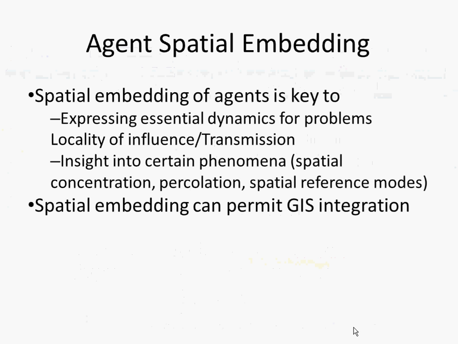Aspects of locality of influence and transmission often occur between co-located individuals. There are certain types of phenomena, such as spatial concentrations of pollutants, think smog or water pollution, etc., which are distinctly spatially rooted.